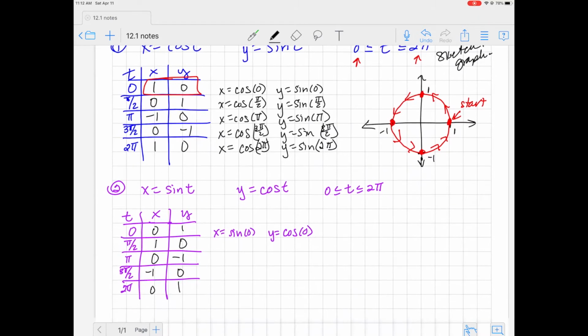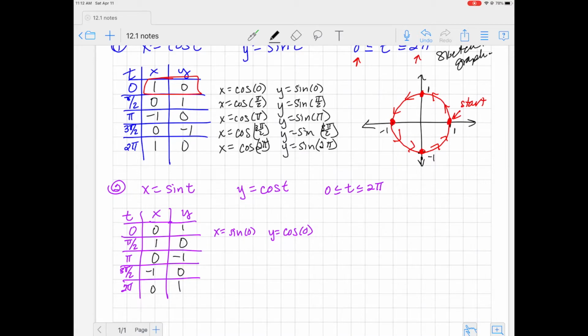So let's see what our graph looks like here. Same setup. All right. So my first point on this is here at (0, 1). Look what just happened. Now I am starting up there at the top.